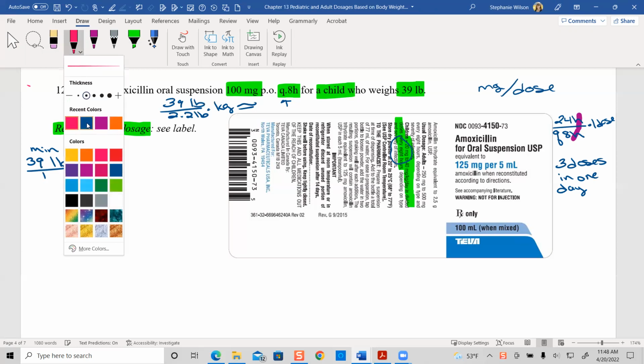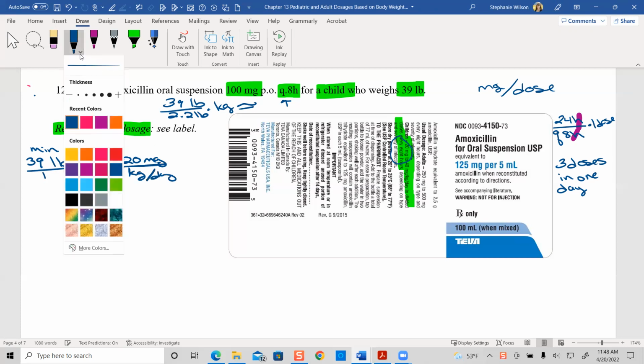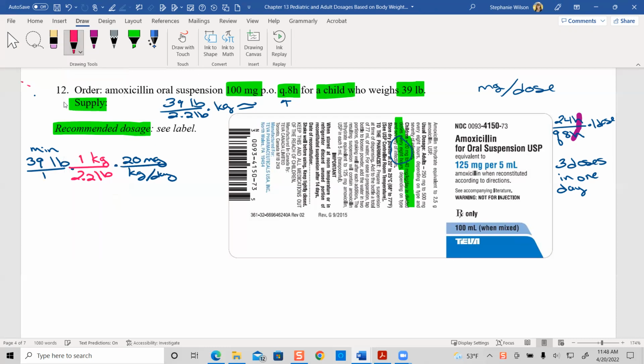Okay, so now that's good. Now let's go back. We have a minimum of 20 milligrams per kilogram per day. And again, we want milligrams per dose because we want to determine if this order is safe or not, right? Before we administer it.